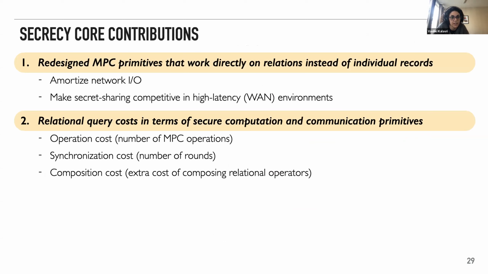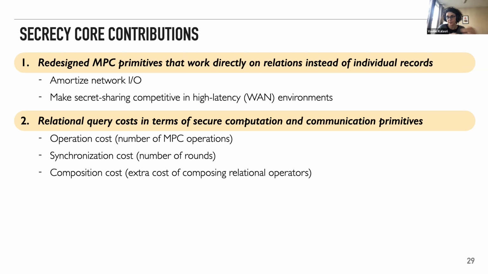contribution. The second one is that because we open the MPC black box to the optimizer, we can now analyze the MPC queries in terms of their cost in MPC operations. And this is extremely important because, as I'll show you in a moment, if we try to apply plain text optimizations on MPC queries, these are not always effective.